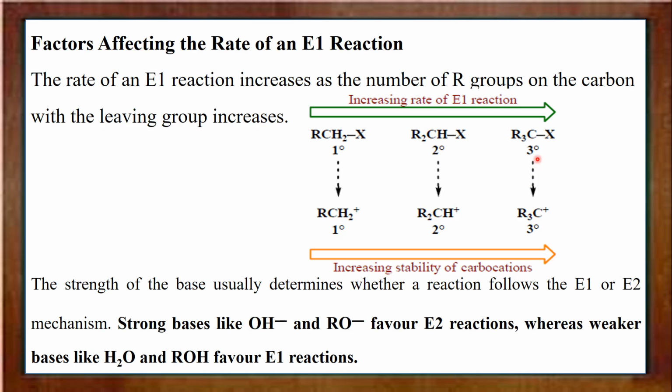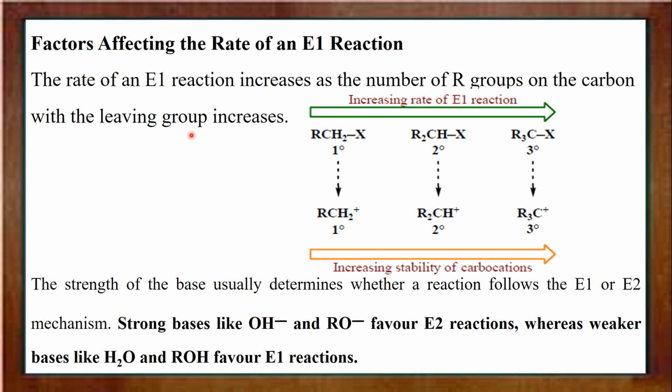The reason is, if it undergoes ionization, it results in the formation of a tertiary carbocation, which is stabilized by inductive effect and more hyperconjugations. Therefore, as the number of alkyl groups connected to alpha carbon increases, the rate of E1 reaction increases.